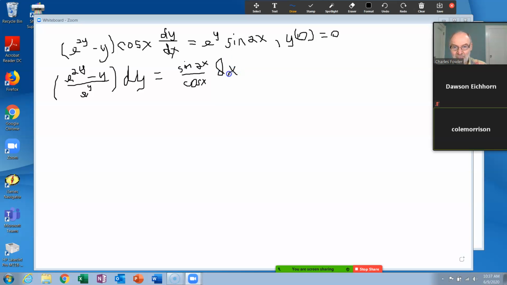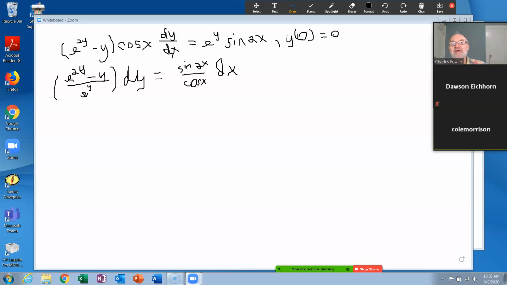Dx's always come up weird, don't they? Okay, you've got all the x's on the left-hand side, that's sine 2x over cosine x, dx, and all the y's on the other side, e to the 2y minus y over e to the y dy.